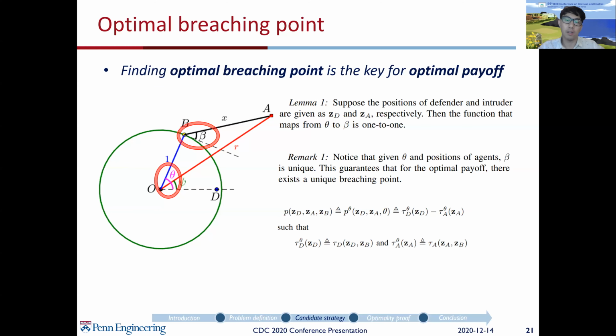And we see that because theta and beta are a one-to-one mapping, if we have just two equations for finding those two variables, we can have a unique breaching point. So by lemma 1, we can construct two independent equations, and we will solve for those two parameters to get the optimal breaching point.